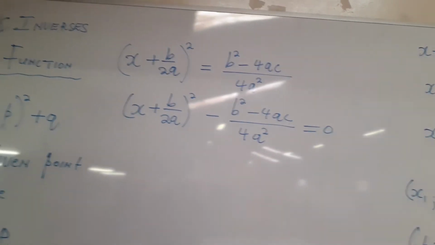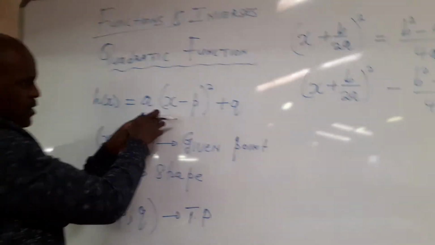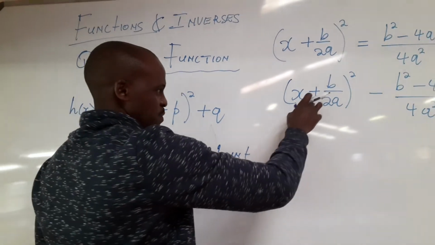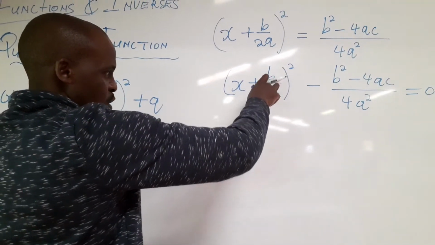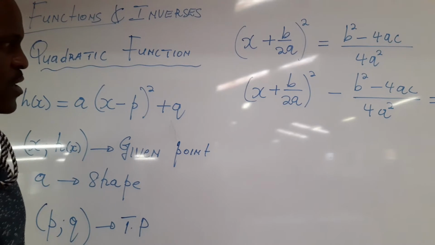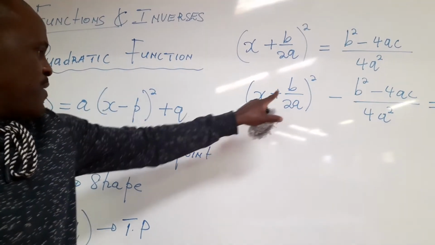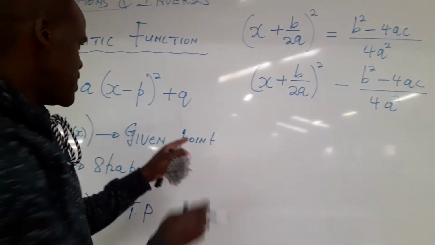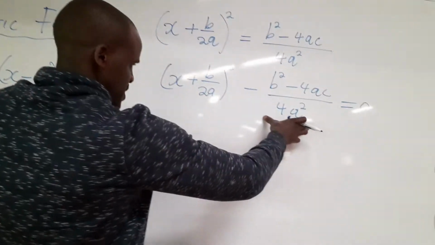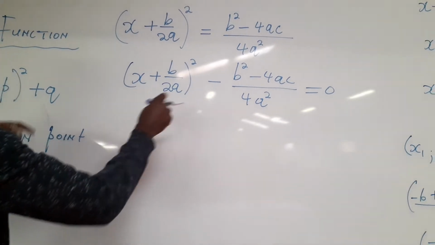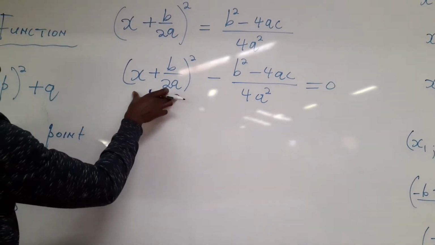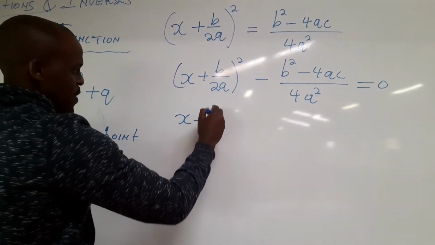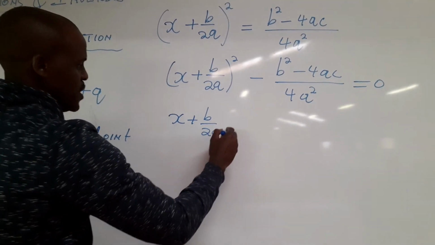Right. In terms of this, it's x minus p, which is represented by x plus b over 2a. So here, in the place of p, we've got b over 2a. In the place of q, we've got that. Which means if you are to find the turning point, you just solve for x there. You've got x plus b over 2a equals 0.